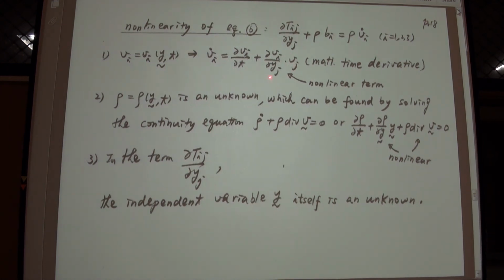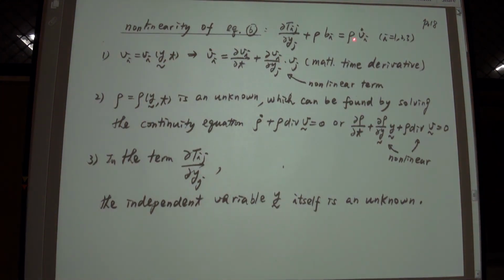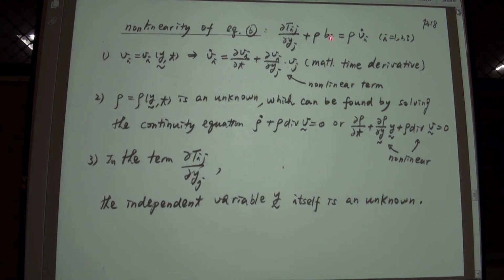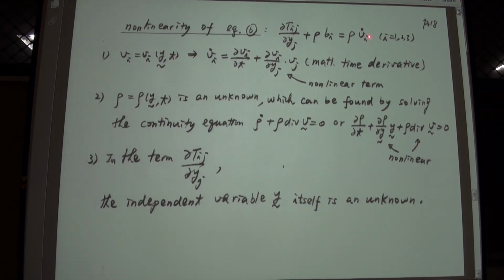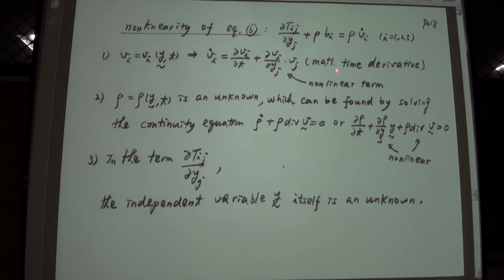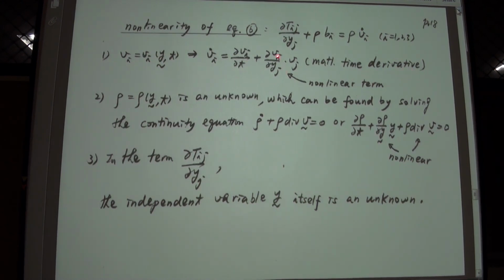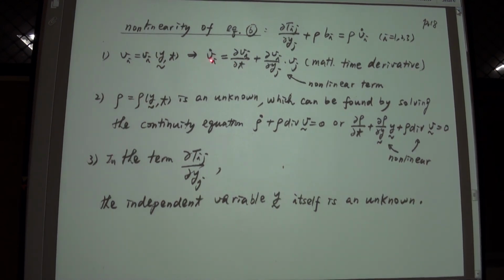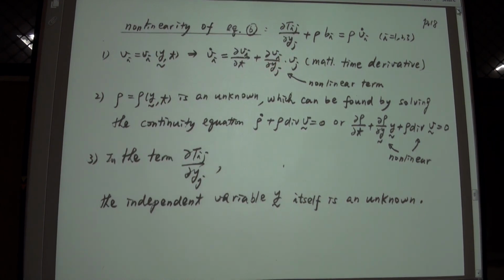So this term is a nonlinear term. It is not a linear term. At first glance, you think that this term is a simple term. It is linear. But in fact, when you write down the full expression by the concept of the material time derivative, you find out that this term is not simple. It is a nonlinear term.